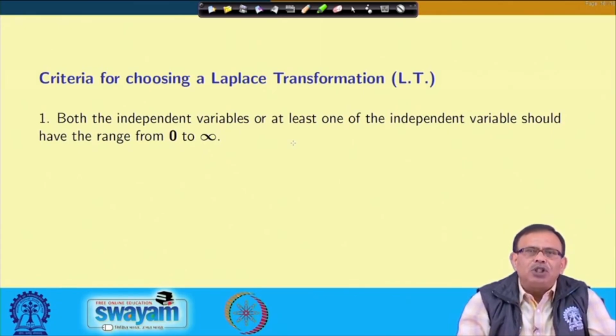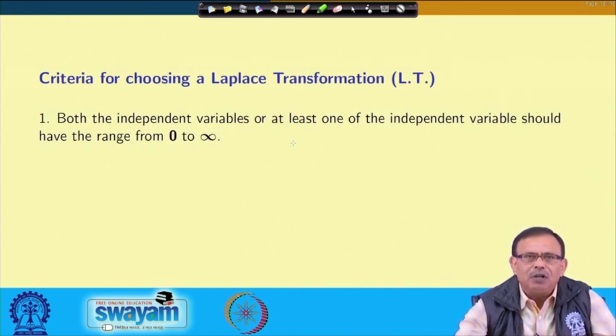Out of two, at least one should have this range, because if for both the range is minus infinity to infinity, I cannot use Laplace transform, since Laplace transform has been defined on 0 to infinity only. Therefore, you cannot use the Laplace transform if the independent variable varies from minus infinity to infinity. So, the very first thing you have to check is whether both or at least one independent variable varies from 0 to infinity.